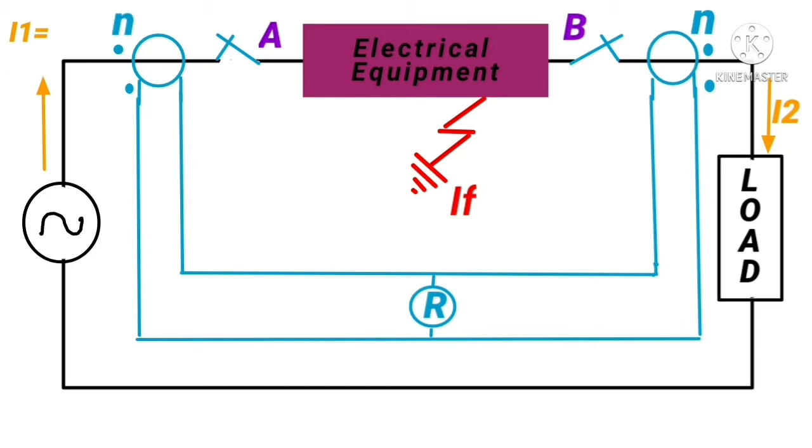As we can see, the source side CT is carrying more primary current as compared to the load side CT. The CT secondary current will be I1 divided by N, the CT ratio. I1 is the total current consisting of two components, the ground fault and the load component.